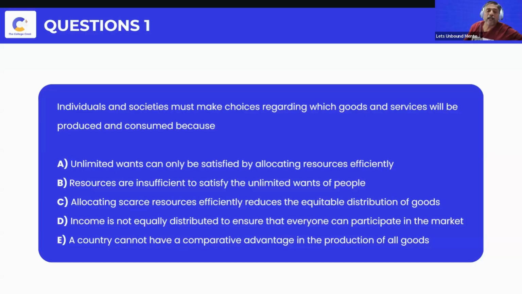The optimum utilization of resources and satisfying the wants of the people is the primary idea that we study in economics. In fact, the very first fundamental concept that you study is that of insufficient resources and unlimited wants, and how to find the optimum between the two. So the correct answer here is option B: we have to make choices because resources are insufficient to satisfy the unlimited wants of the people.